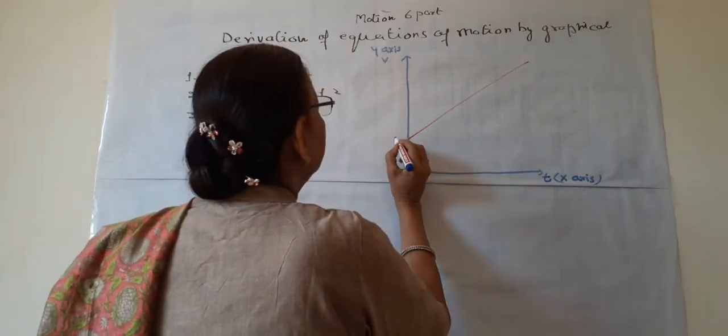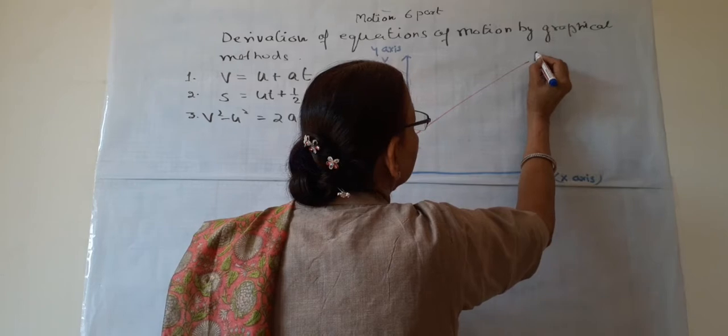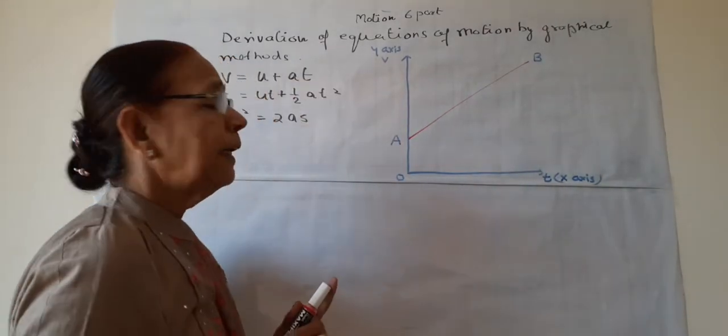We will name this point A, this B, and this is the origin O.